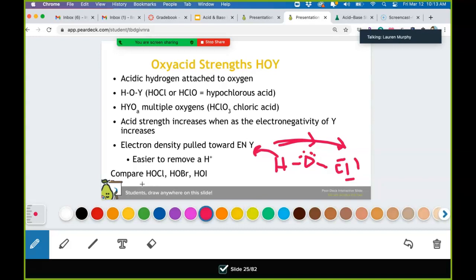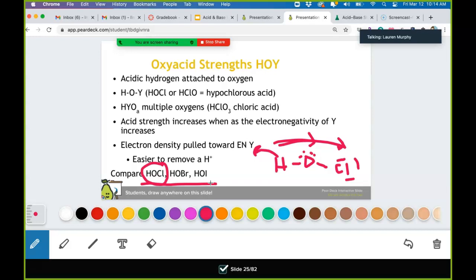Okay? So between these 3, this would be the strongest acid of the 3, because chlorine is the most electronegative relative to bromine and iodine. And so it pulls the hardest on the electrons relative to the other 2. So it's easier to remove the hydrogen atom from the acid.